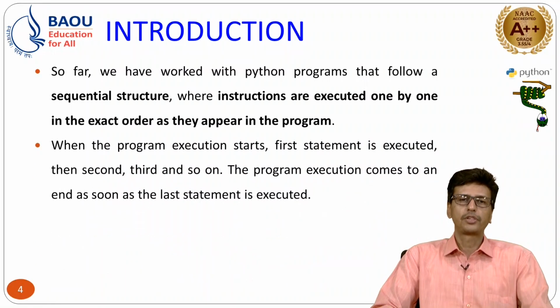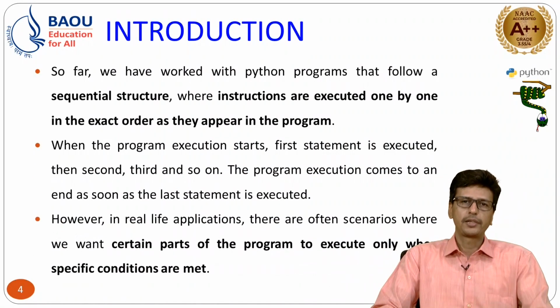But in some situations you don't want to execute the statements in sequential manner. For example, you want to execute a specific part of code only when some specific event occurs. That means you want to check some conditions, and based on that condition execute some block of code.